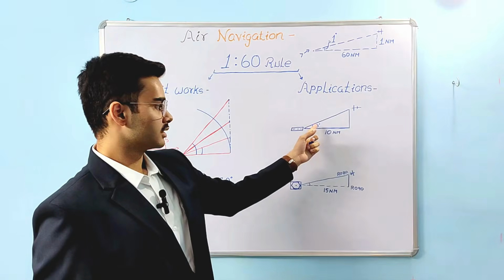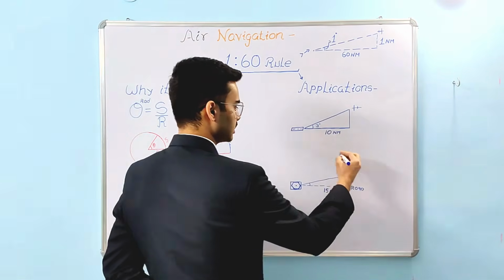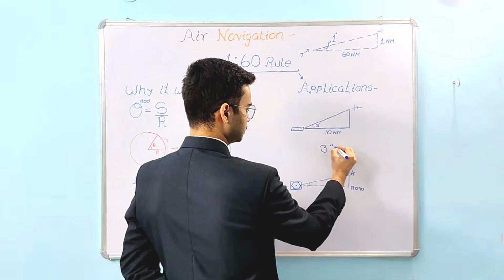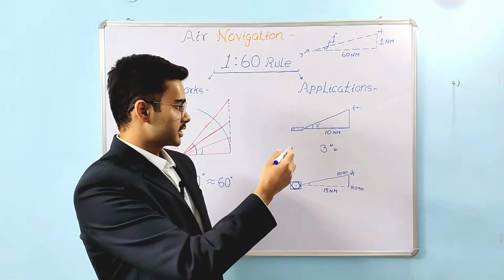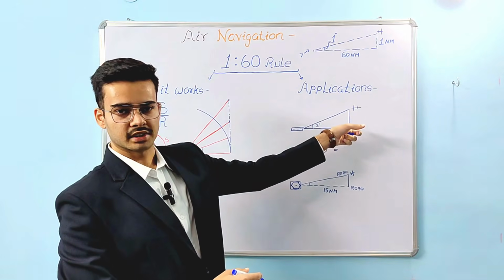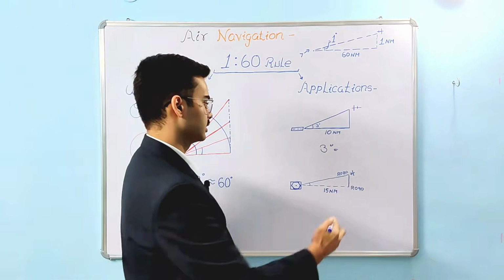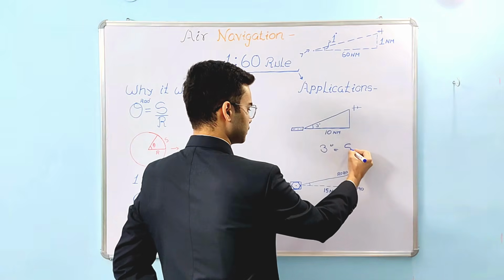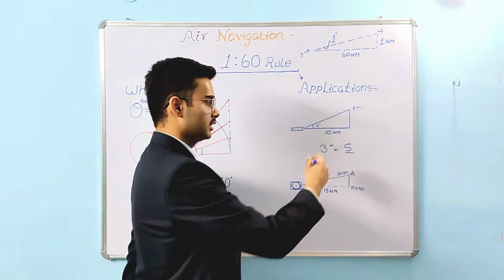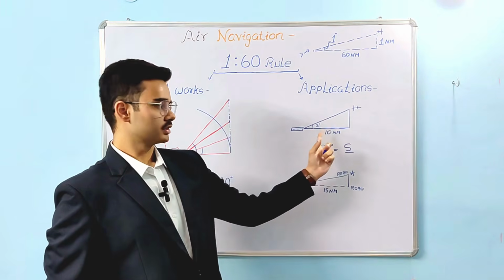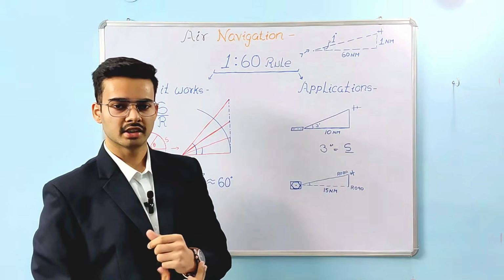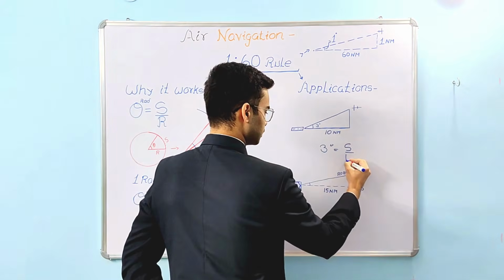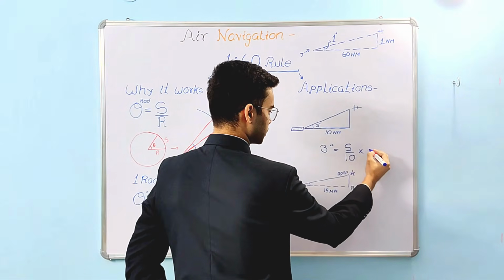So theta, what's it? 3 degrees. Let's write it down. S, we do not know the S. That's what we need to find. So we'll write it S. R, that's the radius. We'll take it as 10 nautical miles and into 60.